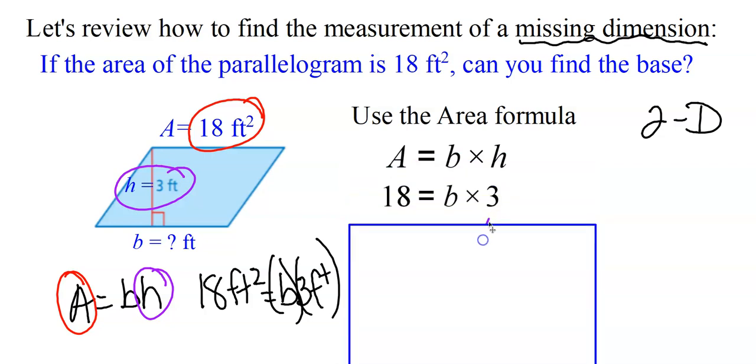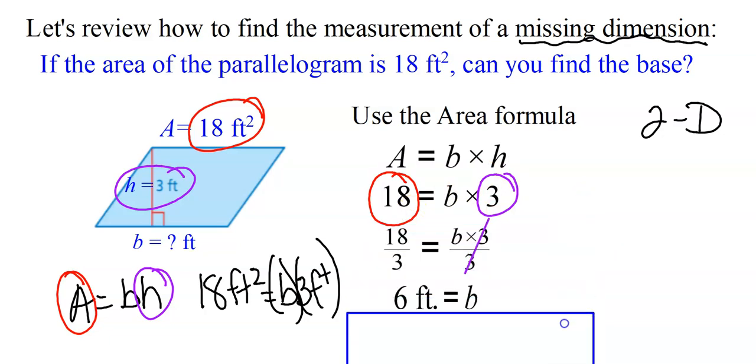But instead of the area, I plug in the number that they gave me for the area. I plug in the number that they gave me for the height. And then I think about what times 3 equals 18. Now remember when we solved equations, what we did with that?